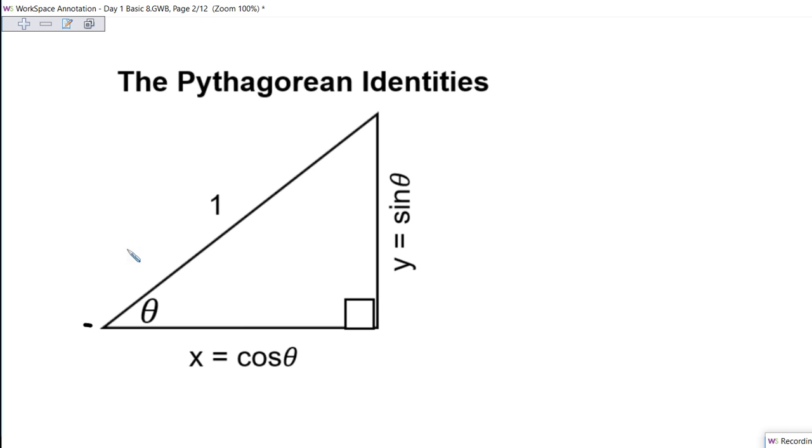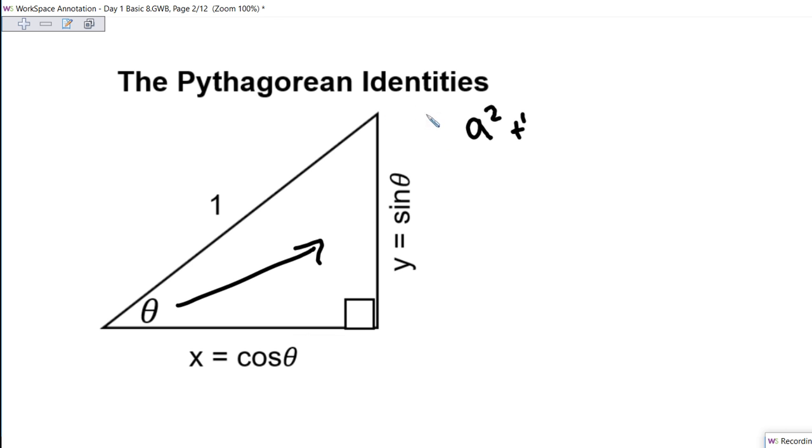And here, theta, notice the side opposite of theta is labeled sine, because I know that sine is opposite over hypotenuse, so the side opposite of theta is labeled as sine, and the side adjacent to theta is marked as cosine of theta.